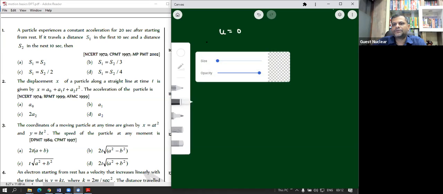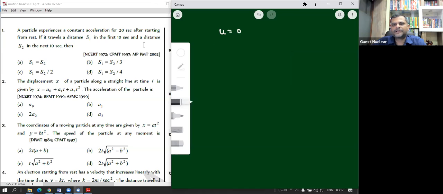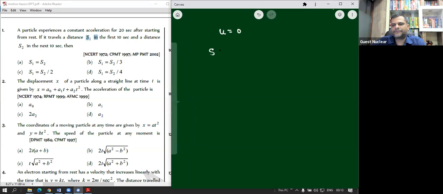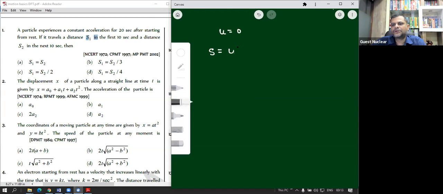S1 is the distance traveled in the first 10 seconds. So what formula do we have for s1? We have s is equal to ut plus half a t square, which is called the second kinematic equation. But since u is 0, this term disappears and we are left with simply s equal to half a into t square.